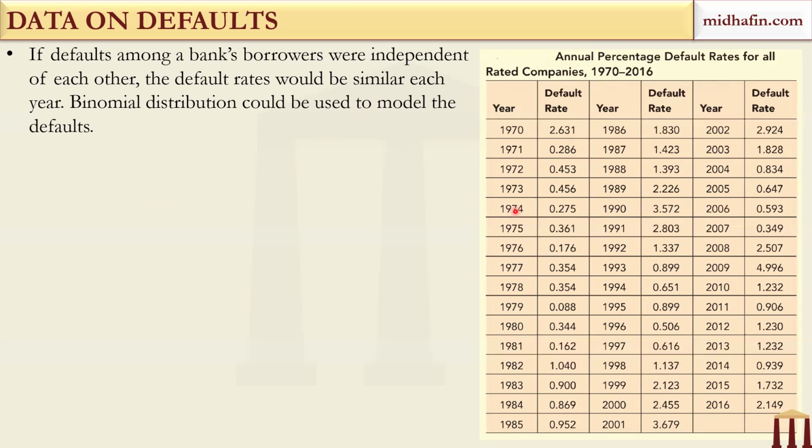But when we extended it to binomial, there were n trials. But there was a keyword between n and trials. Remember that keyword? That keyword was independent.